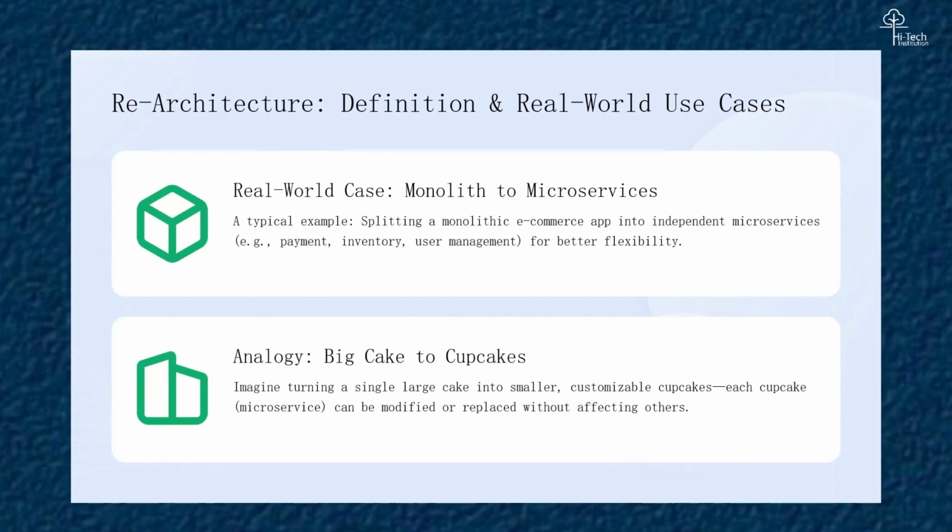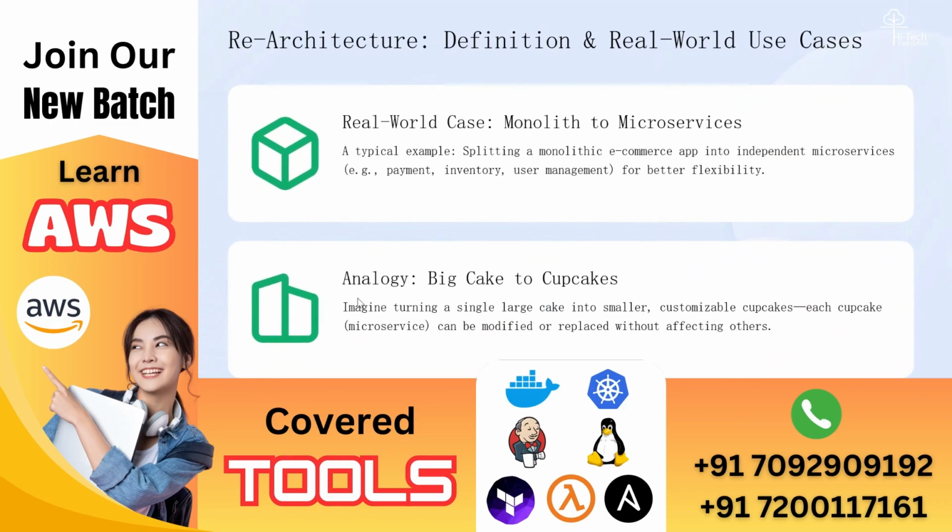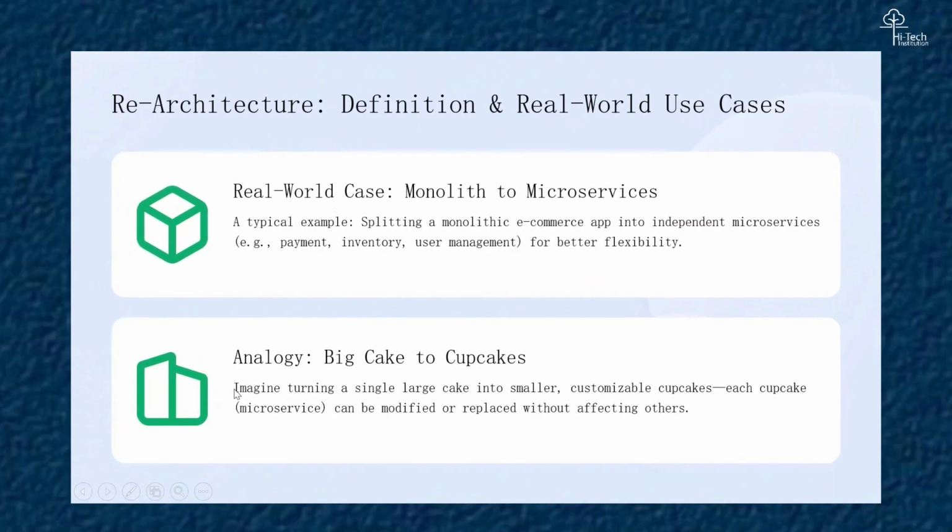Simply imagine turning a single large cake into smaller, customizable cupcakes. Each cupcake, you can consider it like a microservice, can be modified or replaced without affecting the others. So this is a simple example to understand the ideology of this re-architecting.